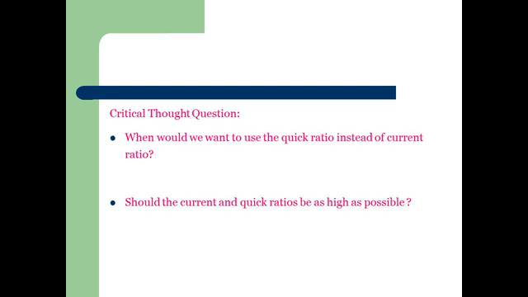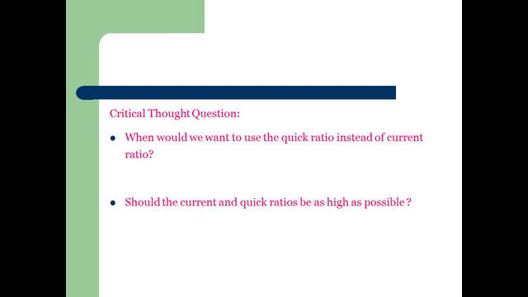But if a company is a manufacturing company, then obviously their main product is inventory. So to evaluate the exact liquidity position of the company, they use the quick ratio instead of the current ratio.